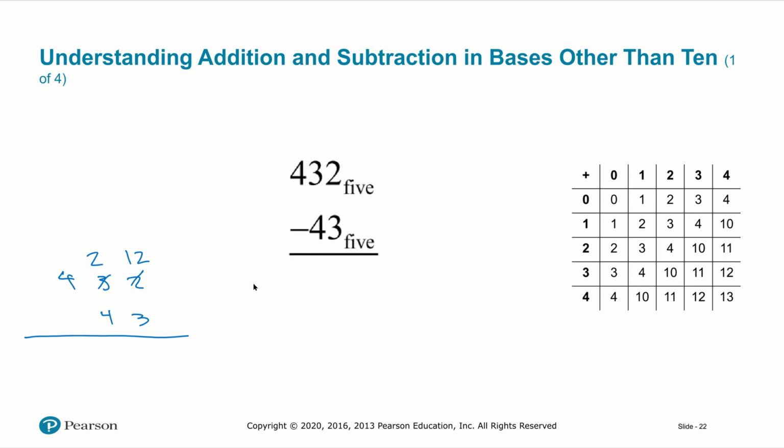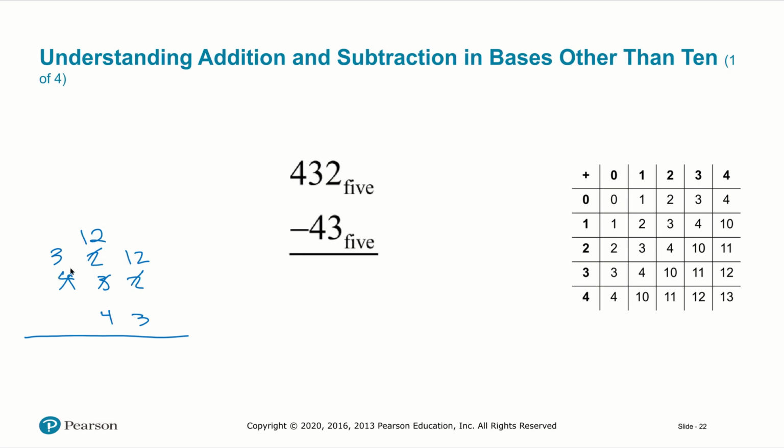So I would have to go to the hundreds column and I would have to borrow 100. Here, this becomes 3. And remember, 100 is 10 10s, right? So I'm lending 10 10s over here. I have 2 10s already. So 10 10s would make this 12.